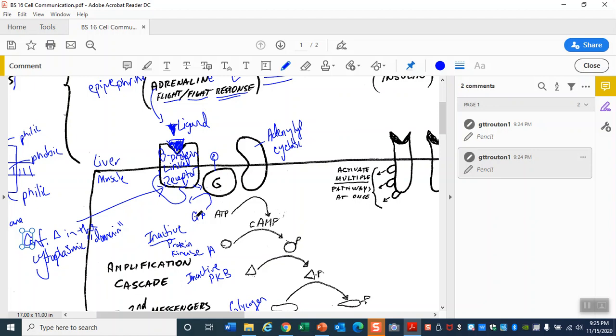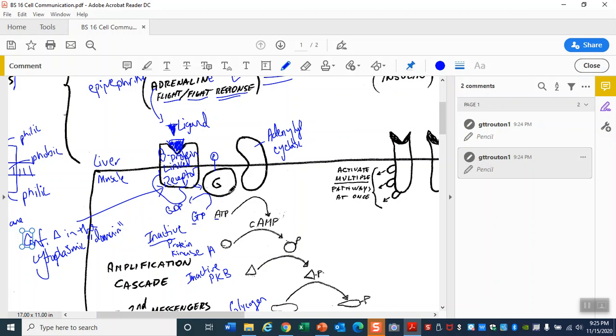It gets phosphorylated by a molecule of GTP, and GTP leaves as GDP. So very similar to ATP, but instead of adenine, a different nucleotide is being used. Guanine is being used, but it's still an energy molecule. So GTP is going to phosphorylate the G protein, activate it, and then leave as GDP, right?